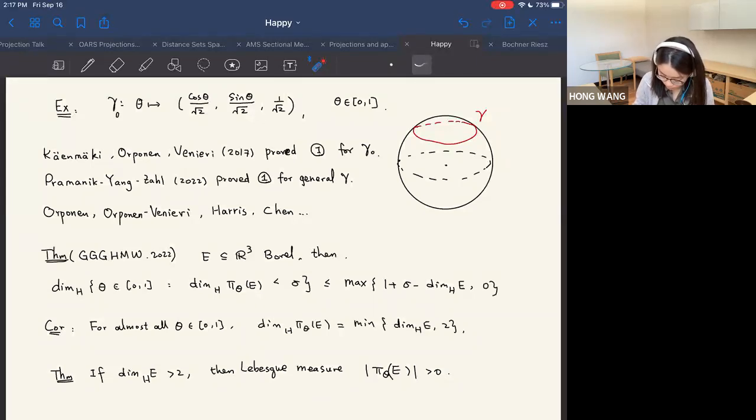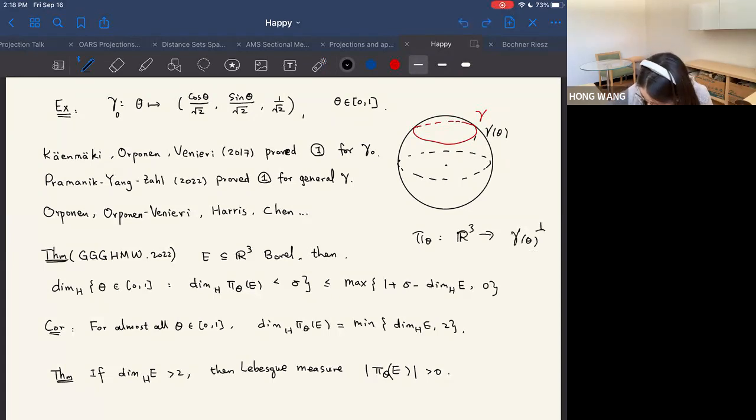Then the set of theta inside the unit interval, which we identify with this curve, such that the Hausdorff dimension of pi theta E, where pi theta is the orthogonal projection to the plane perpendicular to gamma theta, is smaller than sigma, has dimension at most the maximum of 1 plus sigma minus the Hausdorff dimension of E, and 0.